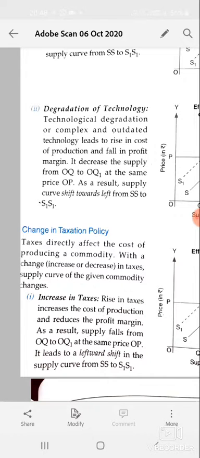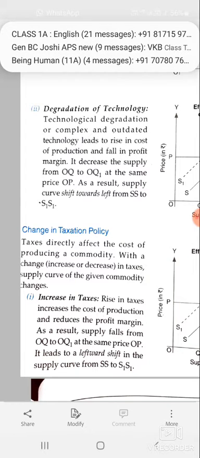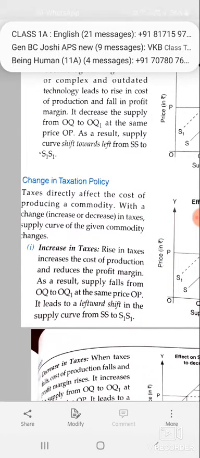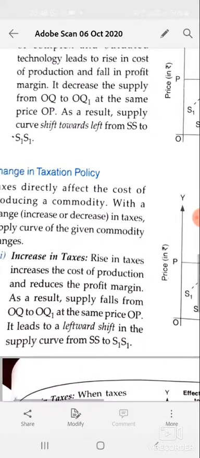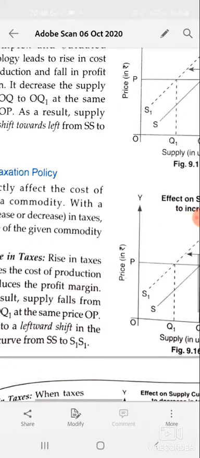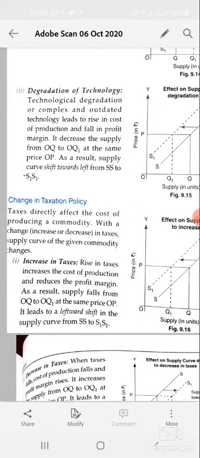So the government imposes taxes on the commodity as well as on the consumer. Now the first part: if any of the three governments increases the tax on the production of a commodity, then the rise in taxes increases the cost of production and reduces the profit margin.